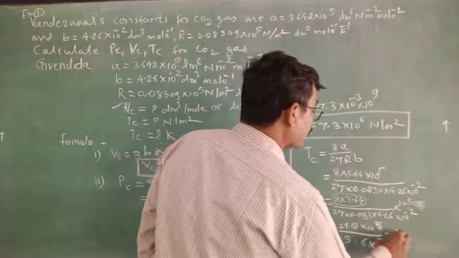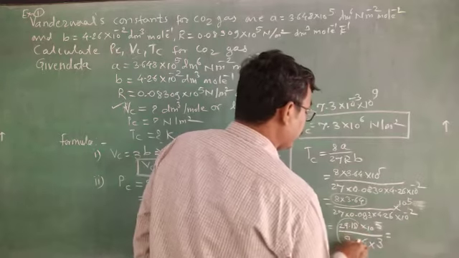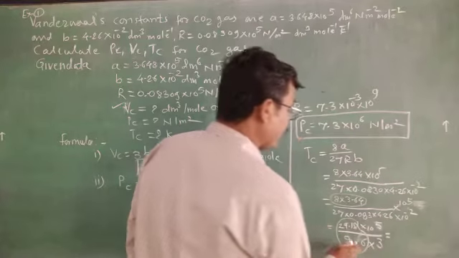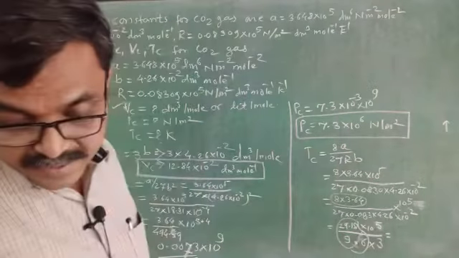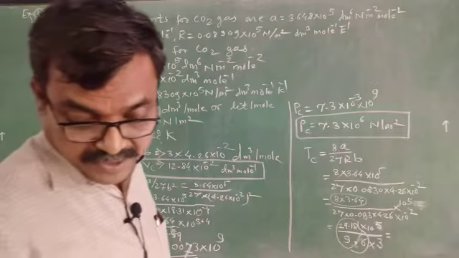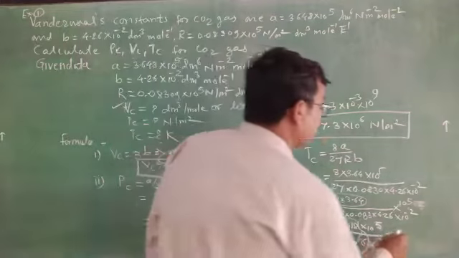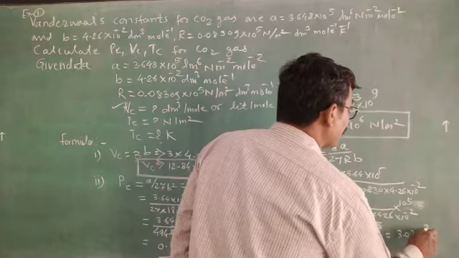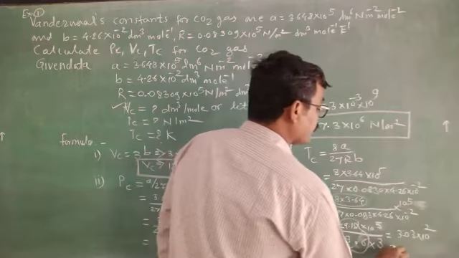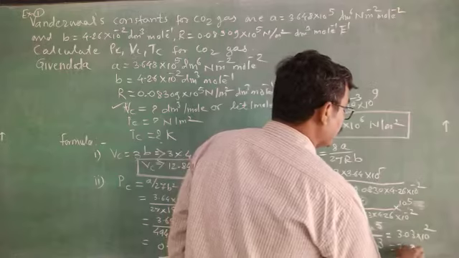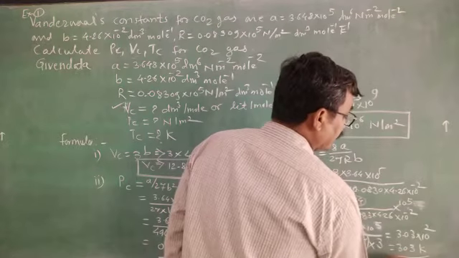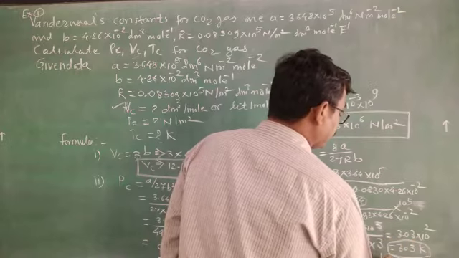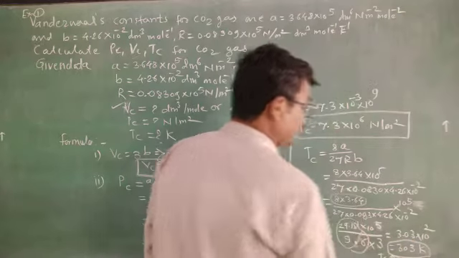Then after solving this, 29.18 divided by 9.6, it will be 3.03. 3.03 into 10 raised to power 2, 5 minus 3. That's why it will be 303 so many Kelvin. This is the final answer, that is TC. It will be the value of TC.